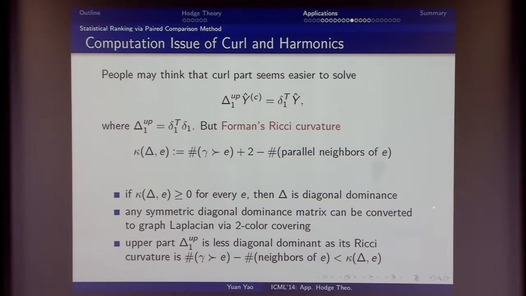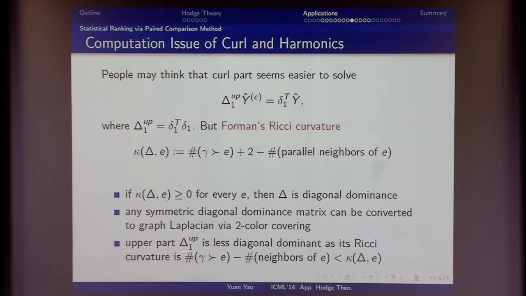This is an equivalence condition for the one Laplacian to be diagonally dominant. So if the Laplacian is diagonally dominant, although it's a one Laplacian, we can always convert it to some graph Laplacian using some two-color covering, and then follow the previous technique for the graph Laplacian equation and solve it efficiently. That means we can find the harmonic ranking much more easily in this case. But in general, if it is not diagonally dominant, things might be harder.